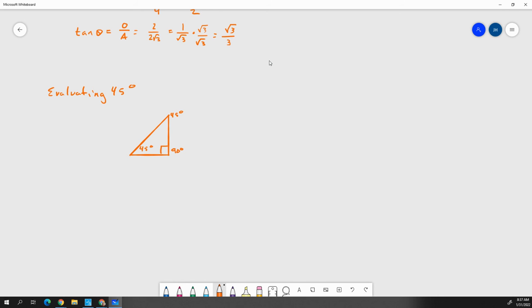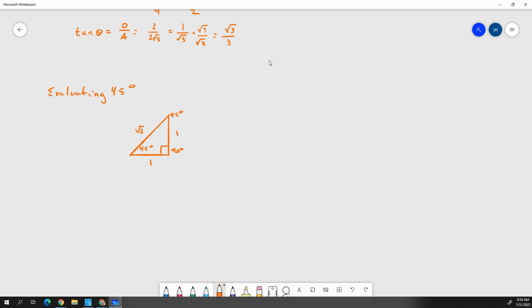And what that means is that our side lengths are always going to be equal. Not our hypotenuse, but our adjacent and our opposite are always going to be equal. And they have a ratio of 1, 1, radical 2.